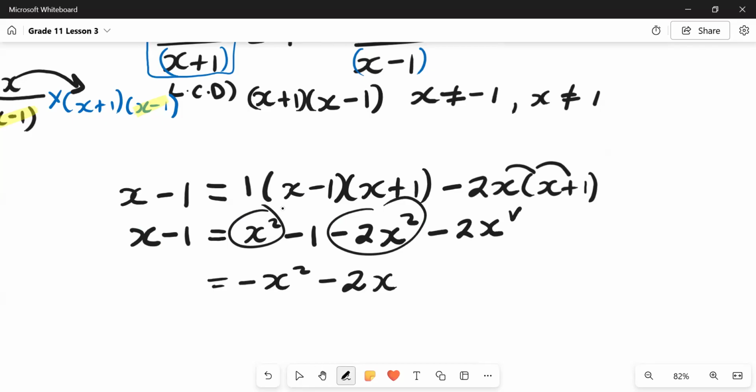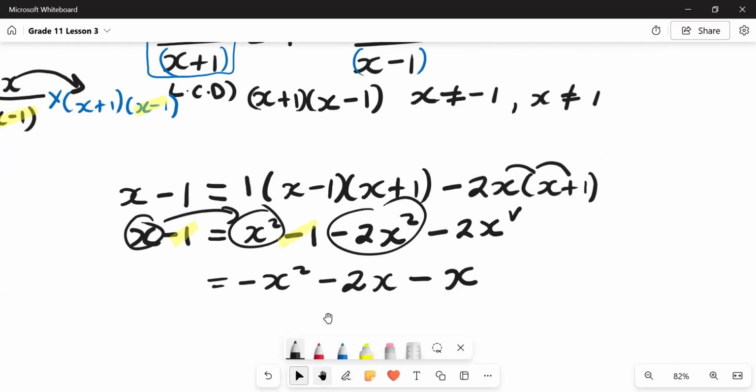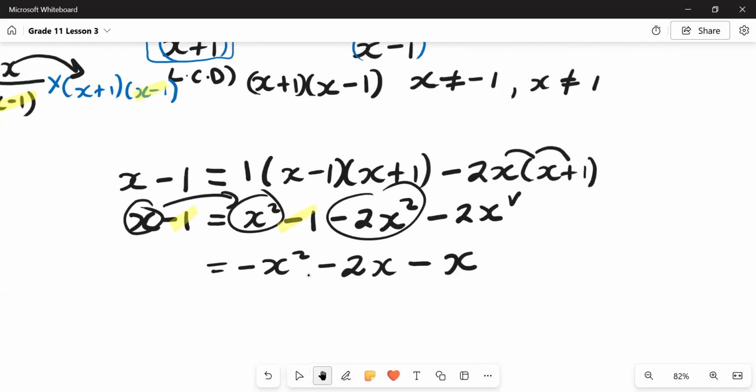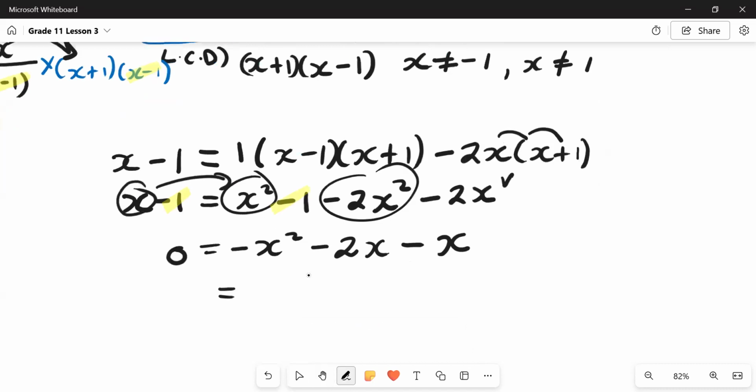Right? And then now try and transpose this x to the right-hand side. This will be minus x, while minus 1 and minus 1 cancel. Same signs, but different sides. They cancel each other, right? Equals to 0. This will give us 0 equals to x squared plus 3x.